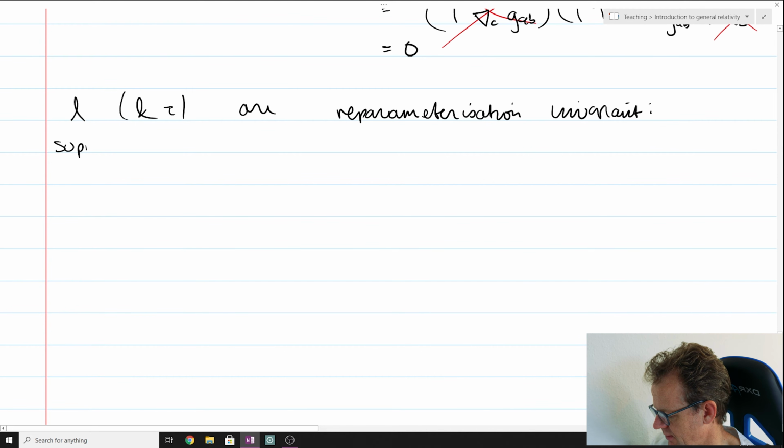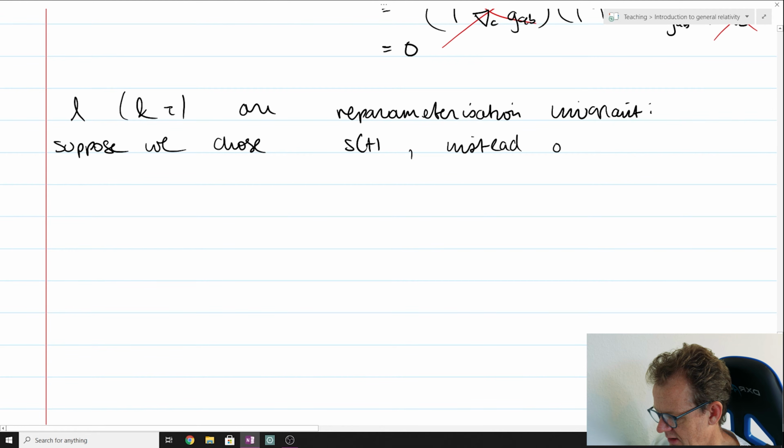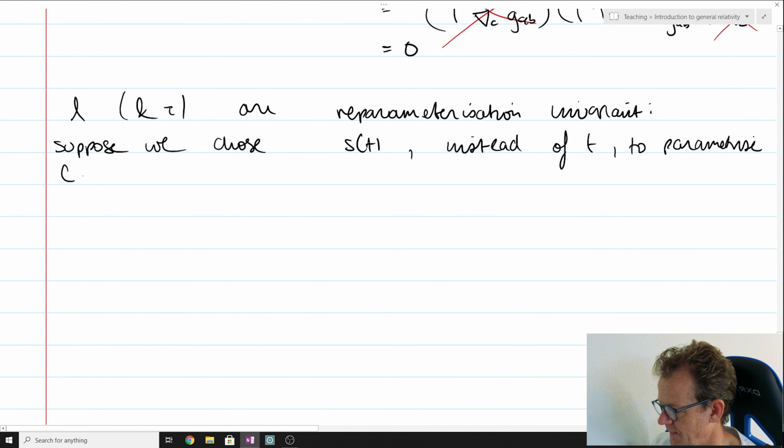So for example, suppose we chose s(t) instead of t to parameterize where we are along our curve.